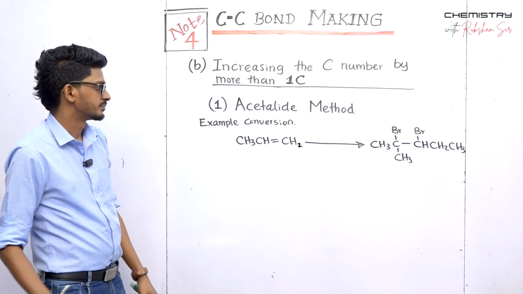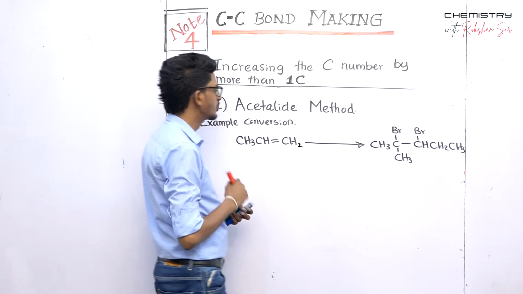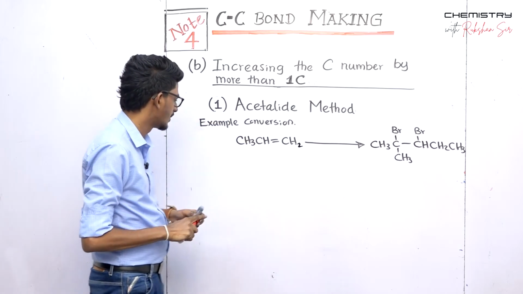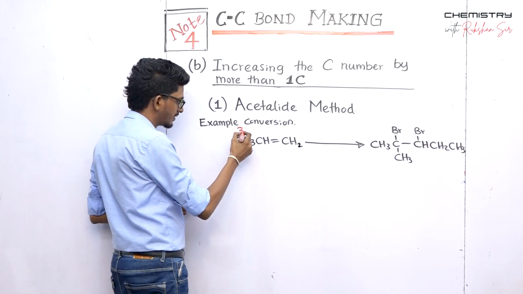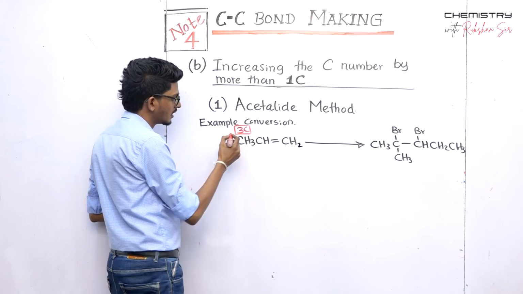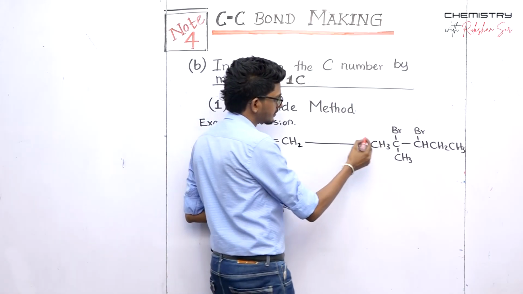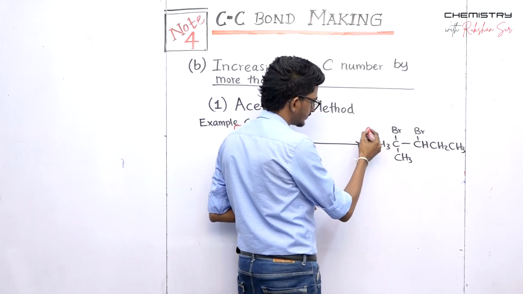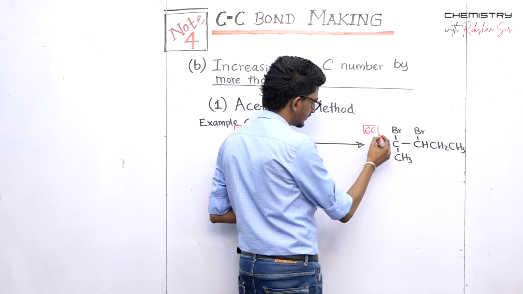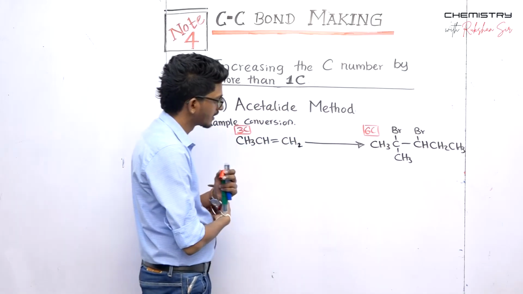Okay, first, what we should know. First, we have to count the carbons in the carbon skeleton. You have 3 carbons here. You have 6 carbons here. 1, 2, 3, 4, 5, 6. Right? So more than 1 carbon should be added.